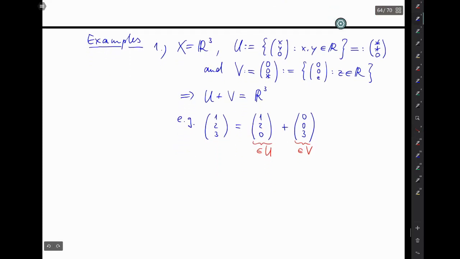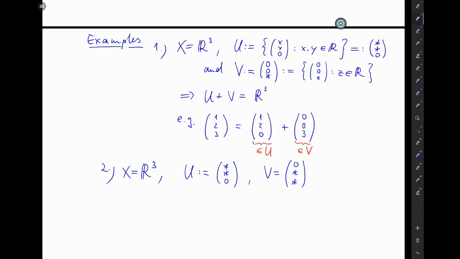Well, in contrast, let's look at a second example where we take the same space X equal to R3 and we decompose it into U, which is again the XY plane, and V, which is now more than just the z axis, it is the YZ plane. Okay? And so now V is even bigger than before, so the sum must be bigger than before or just the same, but more than R3 is not possible. So it turns out that U plus V is again all of R3.